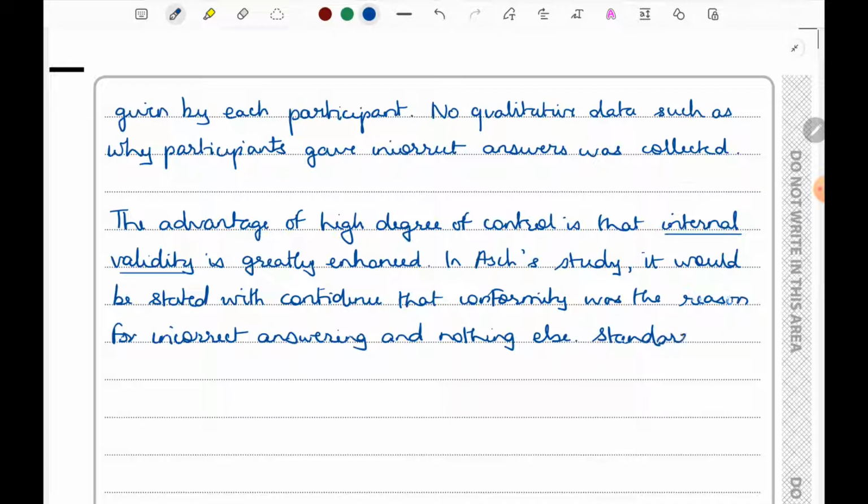Standardization gives the strength of reliability.